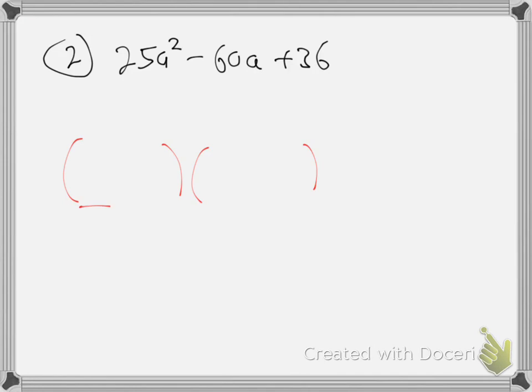Maybe that'd be easier. What times what's going to be 25a squared? Yeah, 5a, huh? Front times front to make front. Now, what times what is 36? 6 and 6 to make 36. With me so far?